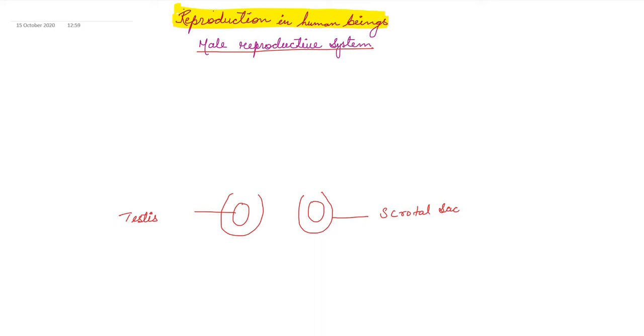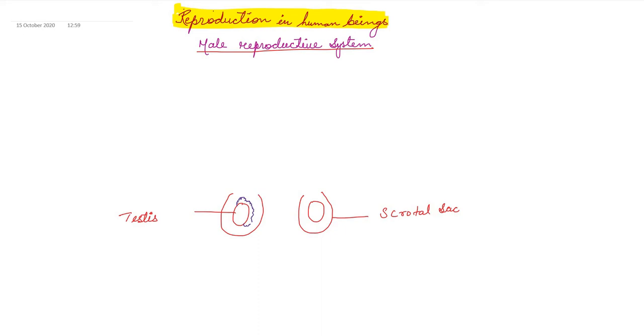Behind this testis, there is a highly coiled structure which is known as epididymis. The epididymis is present behind the testis.